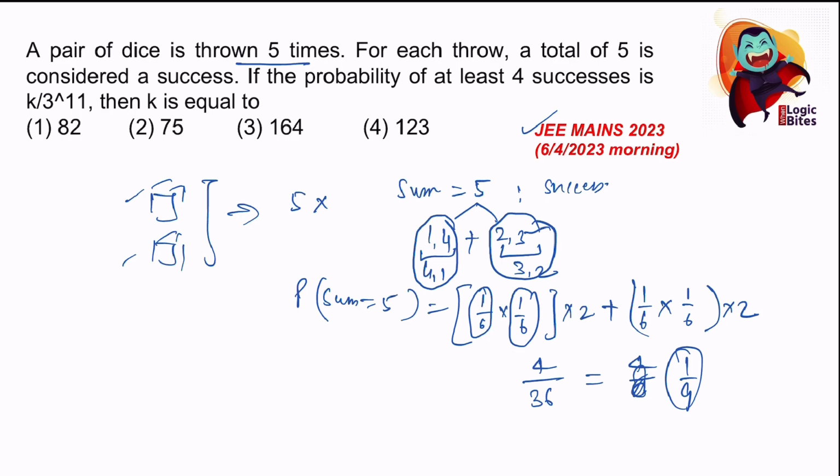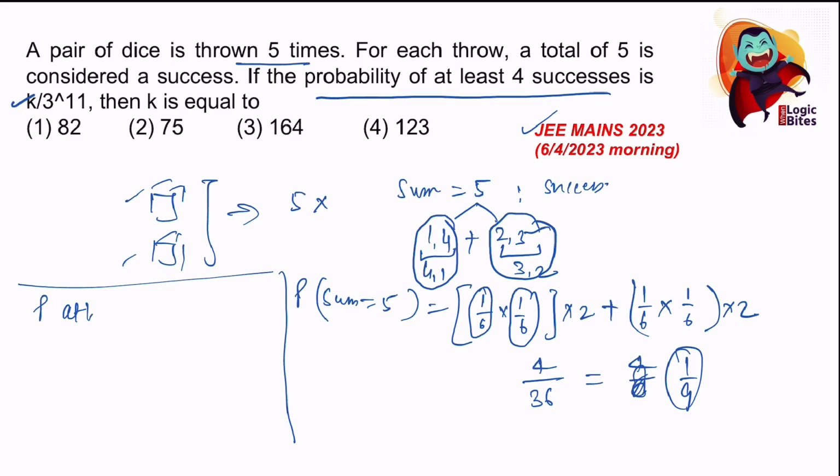Now see the next part. If the probability of at least 4 successes is this much, we will draw a small section here. Probability of getting at least 4 successes.